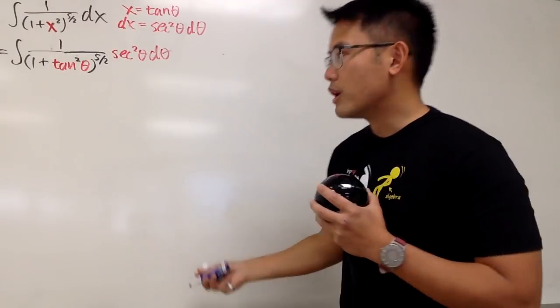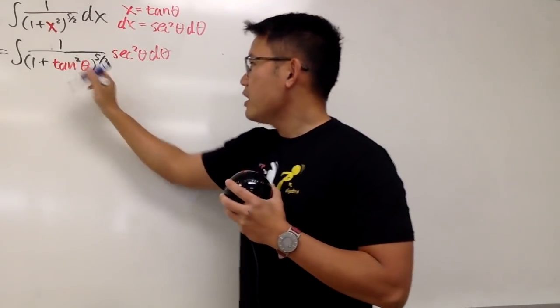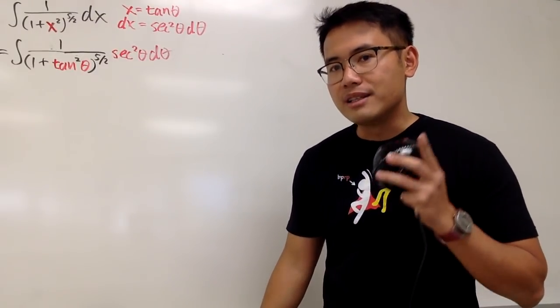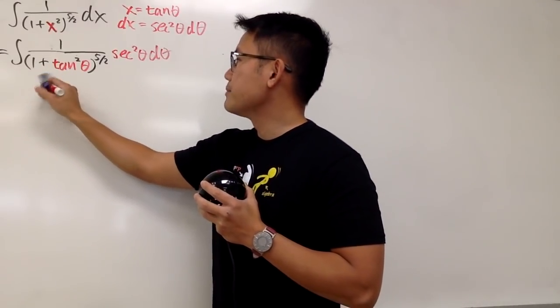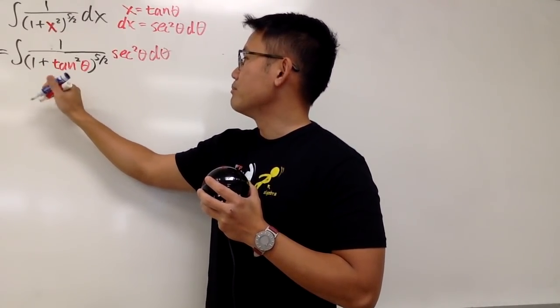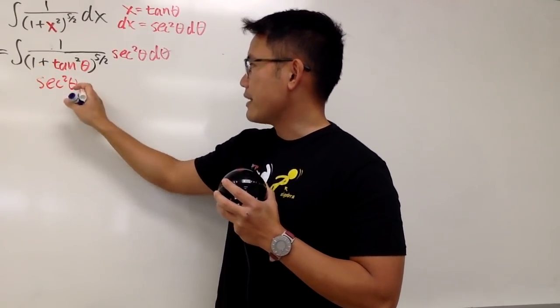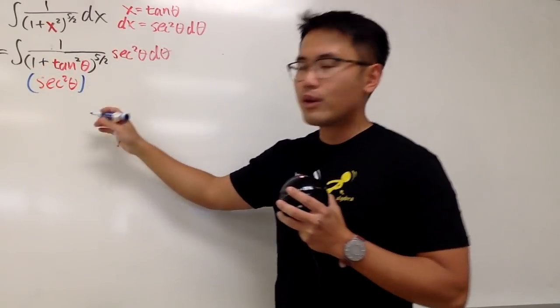Now we are just going to work this inside out and check this out. In here, as we mentioned earlier, 1 plus tangent squared theta is secant squared theta. So inside, we just get, let me put this in red, secant squared theta, and then you take this raised to the 5 over 2 power.